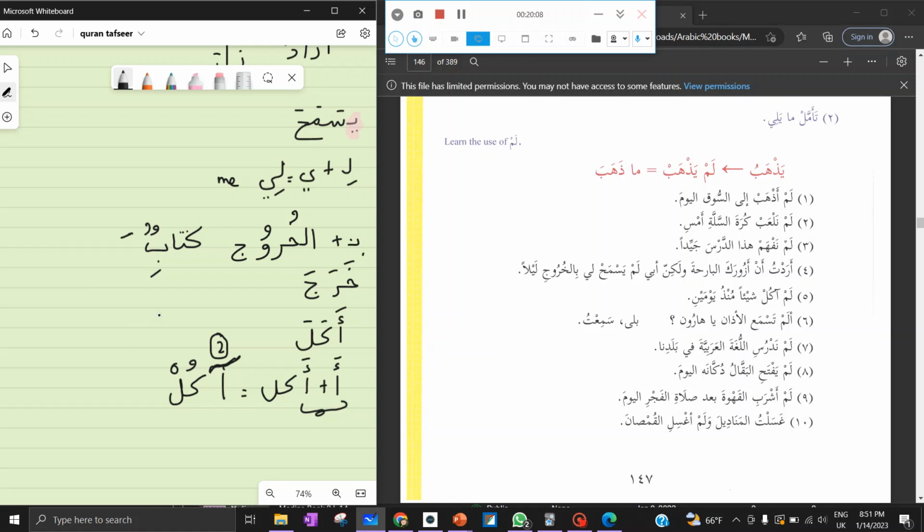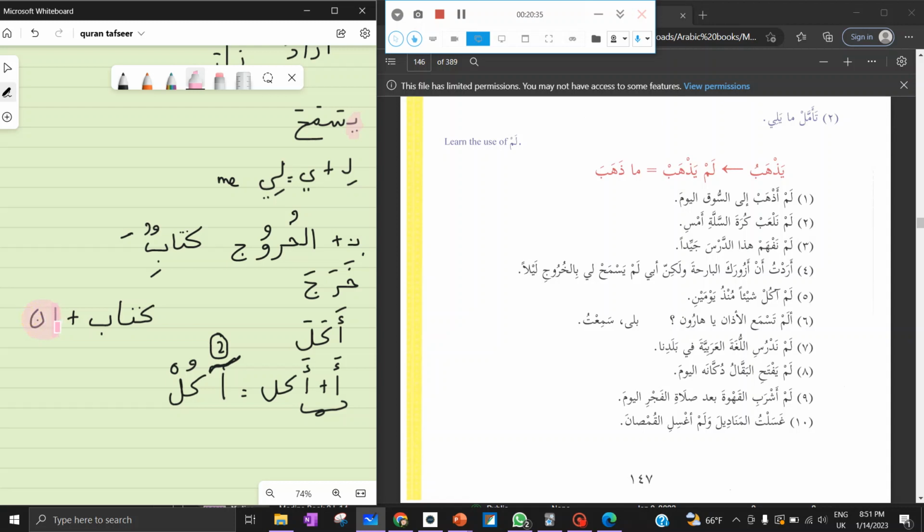For example, if I want to make this noun as muthanna, what will I add? Kitab, kitab plus alif and noon. So this alif, when you see with a noun, this alif and noon both together, it shows that it is in a dual muthanna and marfu.